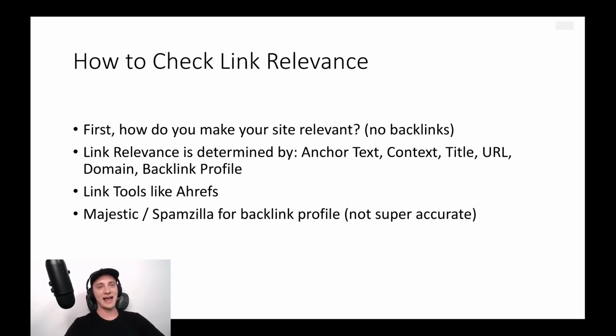It's not extremely accurate, but part of the tool will tell you what a site is themed for. It'll have some little colors and themes like community or music. It'll tell you what the site is themed for based on the backlinks that are coming to it. And that can be a pretty cool little shortcut.